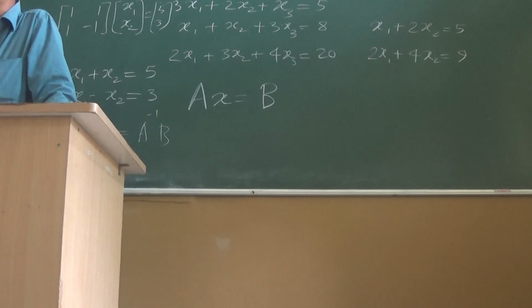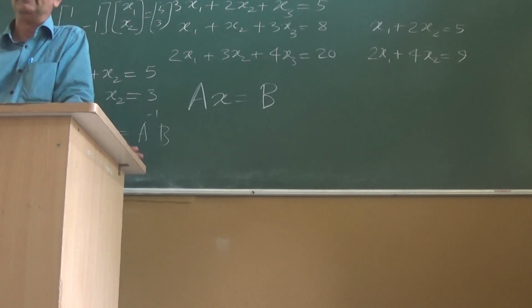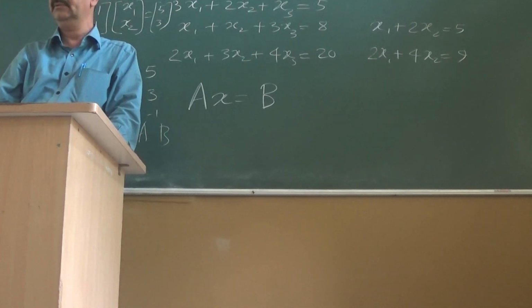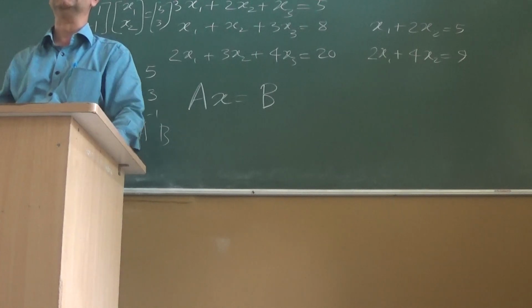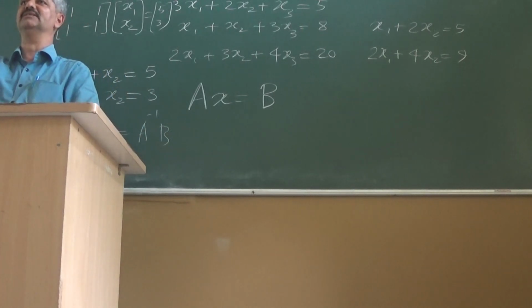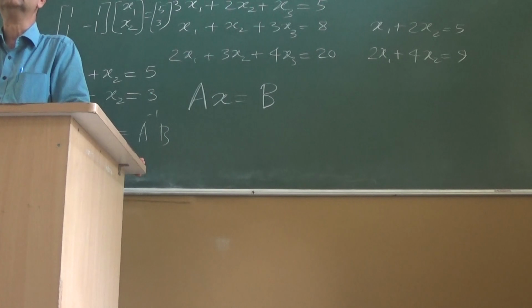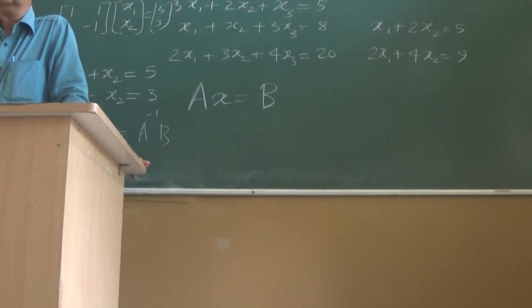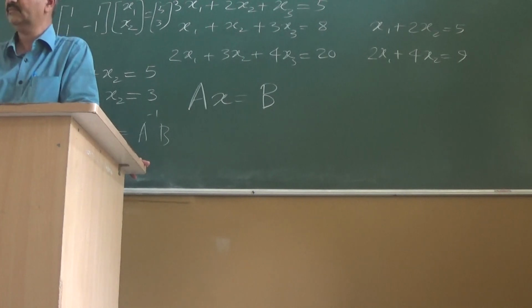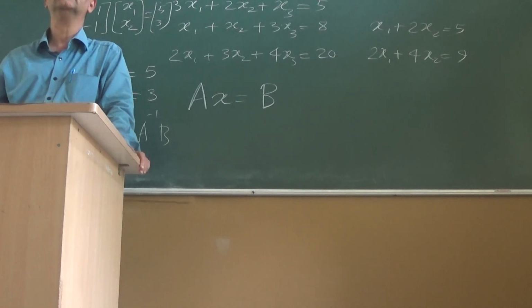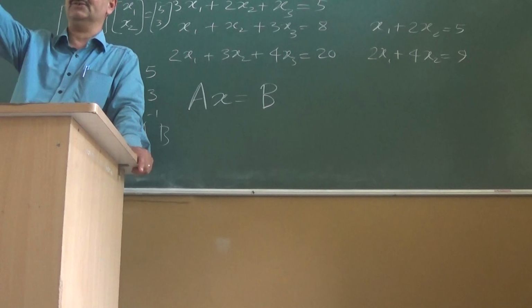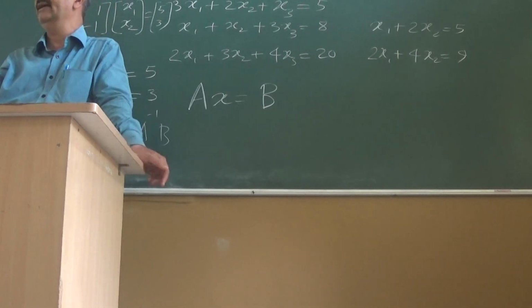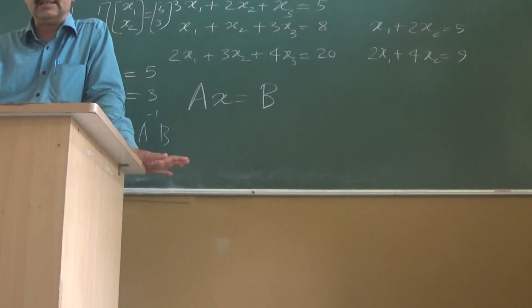If the number of equations is less than the number of variables, what will happen? It is having many solutions. Are you getting me? It's very simple, no rocket science.